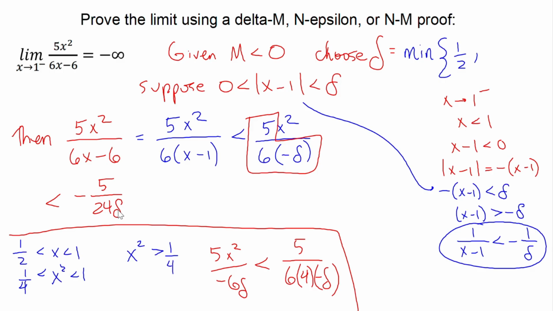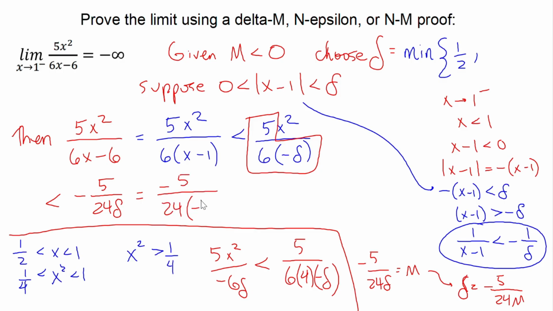So let's just let -5 over 24 delta equal m, which means that delta needs to be -5 over 24 m. So this is equal to -5 over 24 times -5 over 24m, which is just m. So we want to choose the minimum between 1/2 and -5 over 24m.